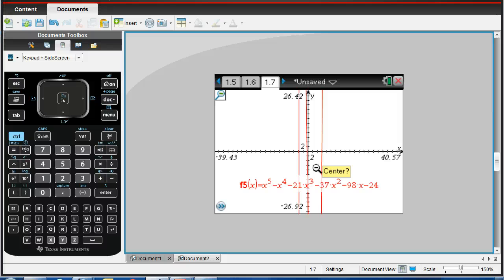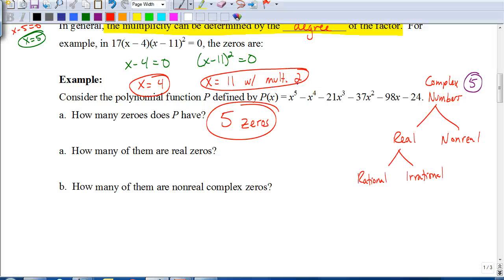So I have 1, 2, 3 x-intercepts. Remember, an x-intercept is the same as a root. It's the same as a 0. So I have 3 zeros, 3 roots that are real. That's what the x-intercepts imply, that those are our real solutions. So now, since I have 3 x-intercepts, it means I have 3 real zeros.